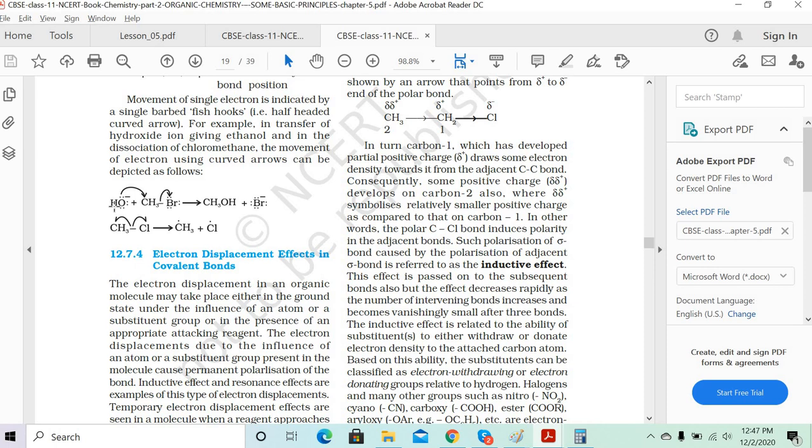As per the fish hook arrow, bromine takes both the pair of electrons from this bond and develops a negative charge, and the carbon acquires a positive charge. So carbon becomes a nucleus with a positive charge and fewer electrons now.